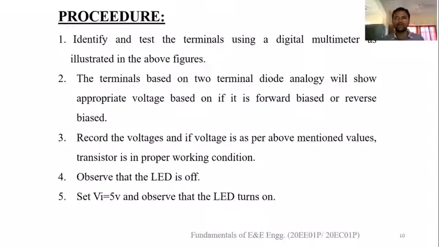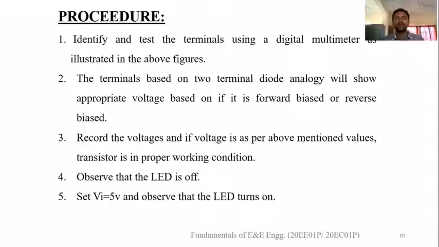If it is forward biased, it will show 0.7 volts in the multimeter reading. If it is reverse biased, it will show over limit. Based on that, you can assess the working of the transistor and record the voltages, and if the voltage is as per the above mentioned values, the transistor is in proper working condition. So this is the procedure for the first part of the experiment.